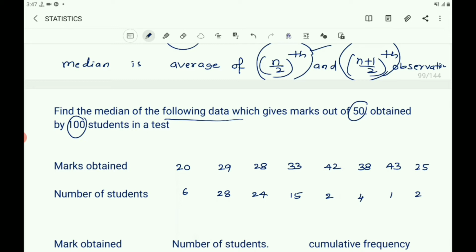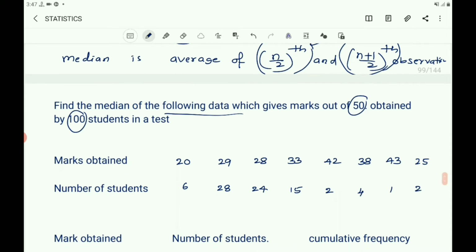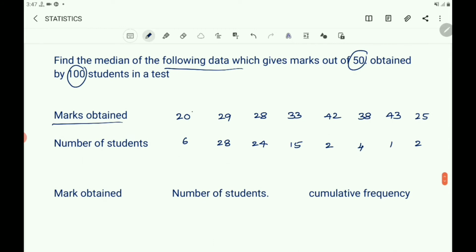See here, marks obtained: 20 marks obtained by 6 students, 29 marks by 28 students, 28 marks by 24 students, 33 marks by 15 students, 42 marks by 2 students, 38 marks by 4 students, 43 marks by 1 student, and 25 marks by 2 students.